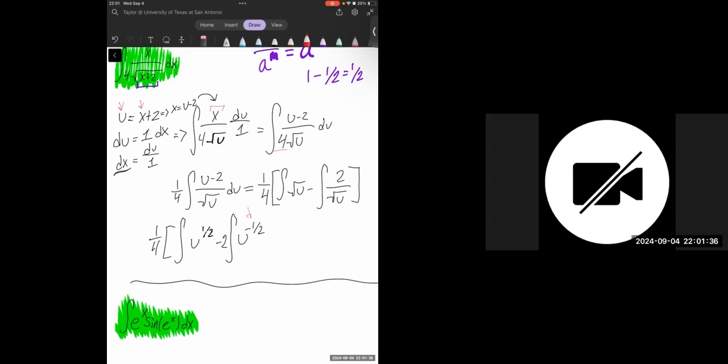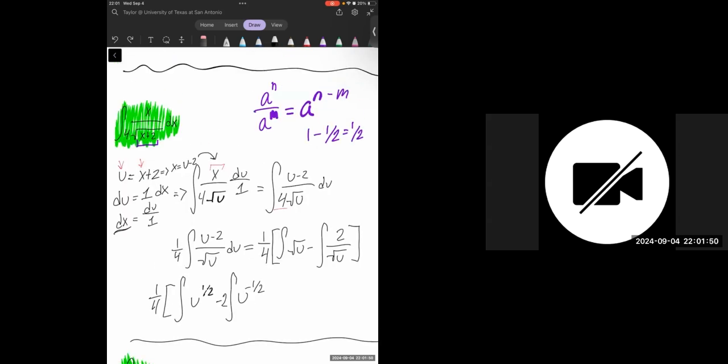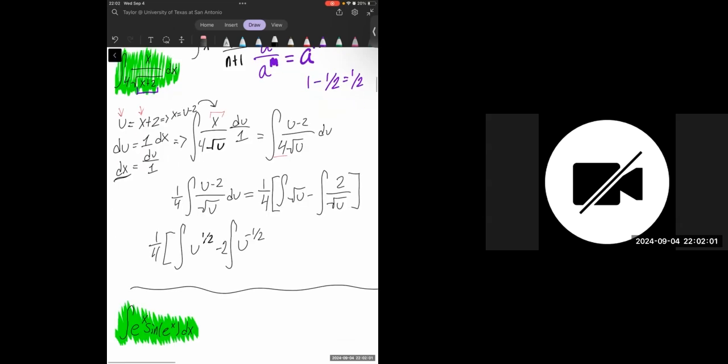This negative power would just mean that this number lies in the denominator. Okay. So now if we remember the power rule for integrals, integral of x to the n is equal to x to the n plus 1 over n plus 1. So in this case, plus 1 over 1/2 plus 1. And same thing here, plus 1 over negative 1/2 plus 1. Those are my brackets.